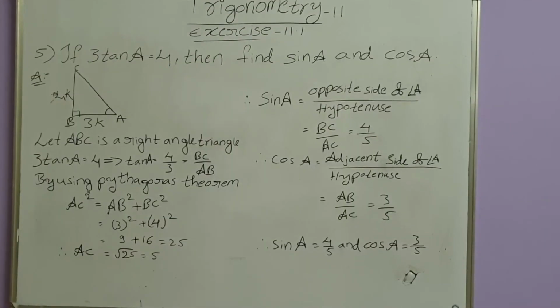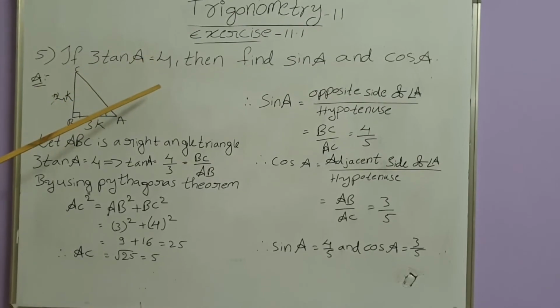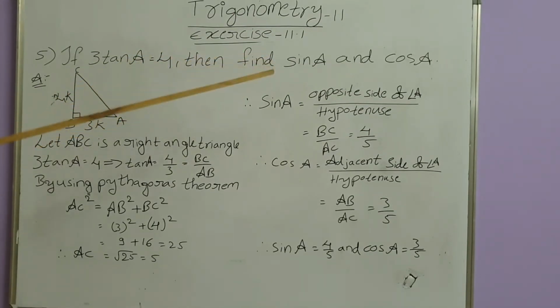In this fifth question, if 3 tan A is equal to 4, then find sin A and cos A. Take one right angle triangle, ABC right angle triangle. 3 tan A is equal to 4. Here 3 is multiplied with tan A. This 3 take to this side, it will become division of 4.